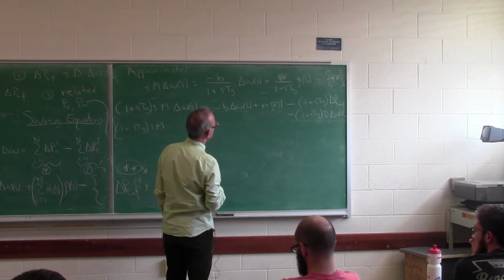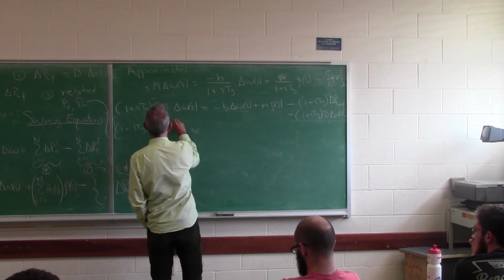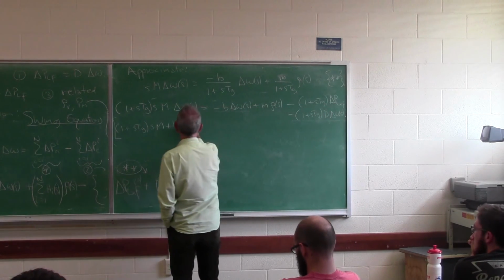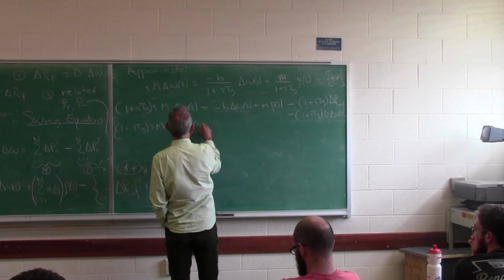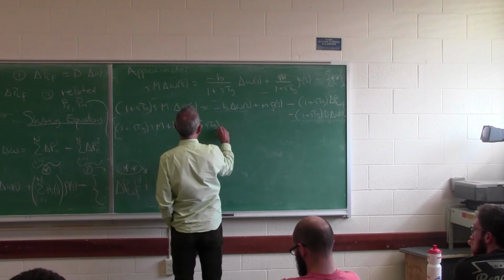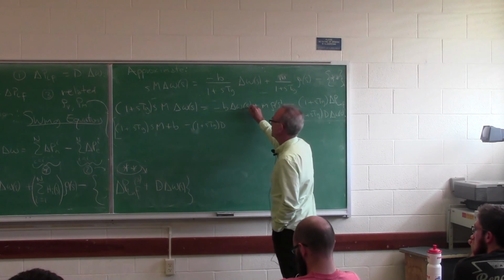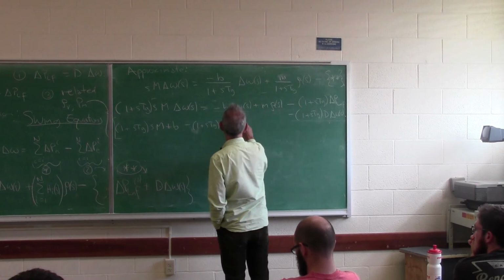Let's collect them all over. So I'll get a plus B, I'll get a minus blah. Anything else? Delta W, that's it.